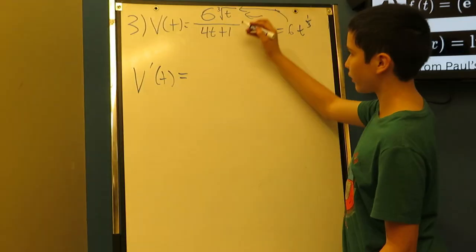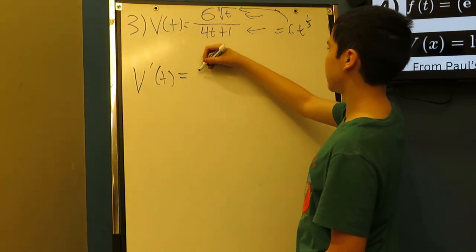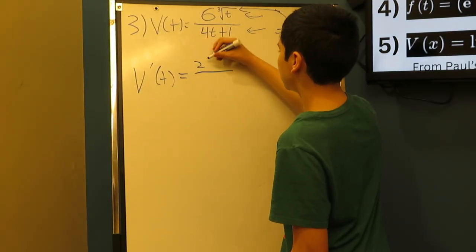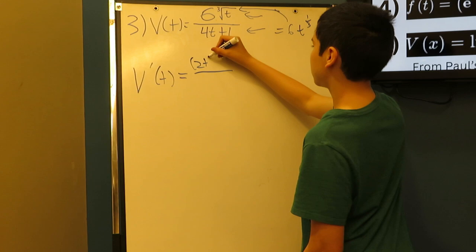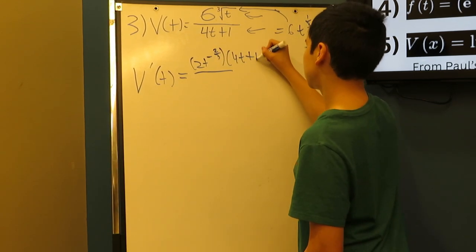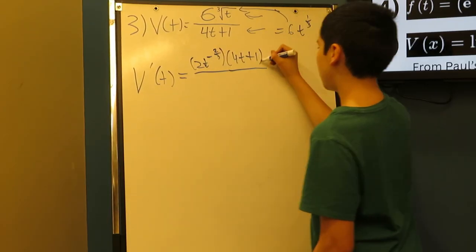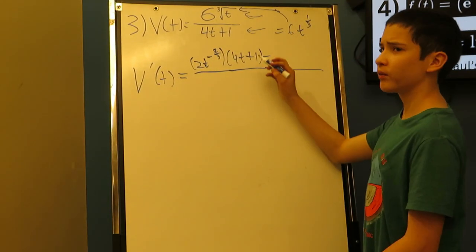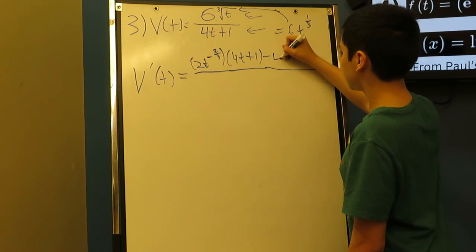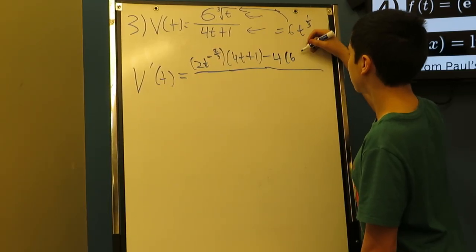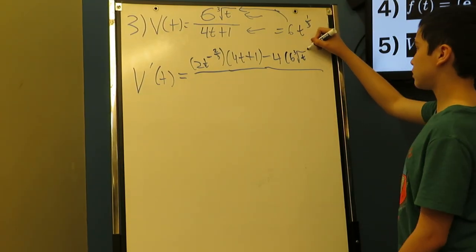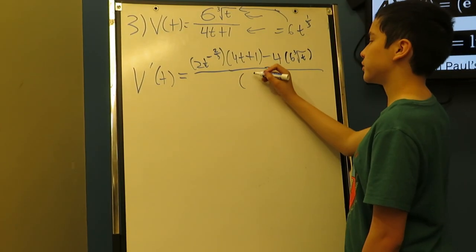So we take the derivative of the top term times the original bottom term, minus the derivative of the bottom term times the top term, over the square of the bottom term.